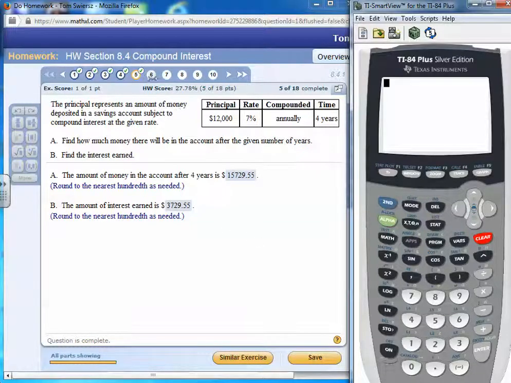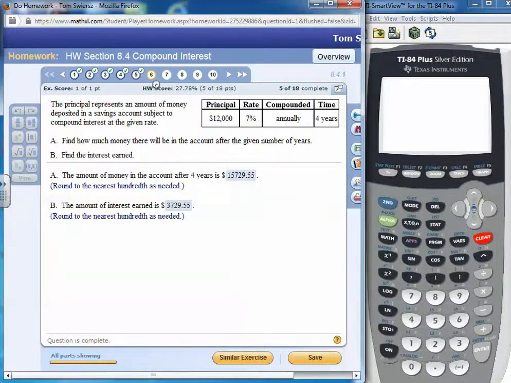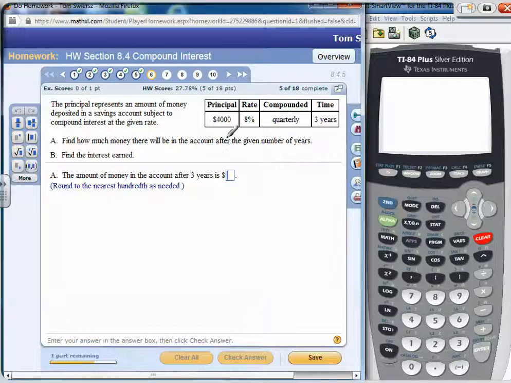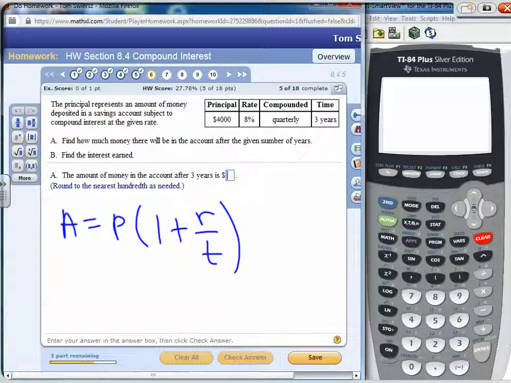All right, let's go to the next exercise, number 6, and we'll practice more. The principal represents an amount of money deposited in a savings account subject to compound interest. Find how much money there will be in the account after the given number of years. So again, this formula is A, the future amount, is equal to P times 1 plus R over N, raised to the N times T power.